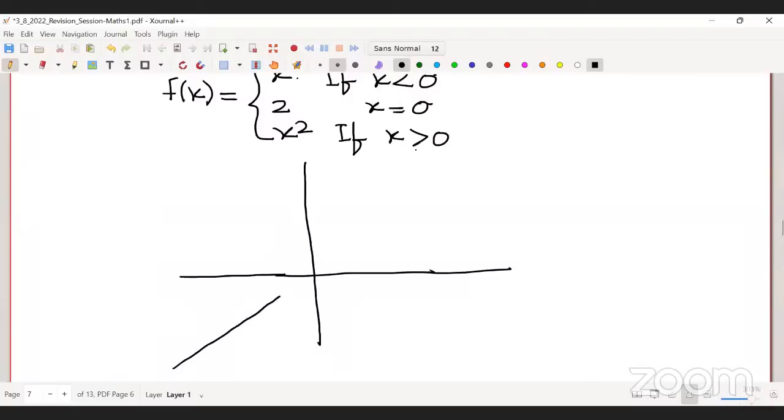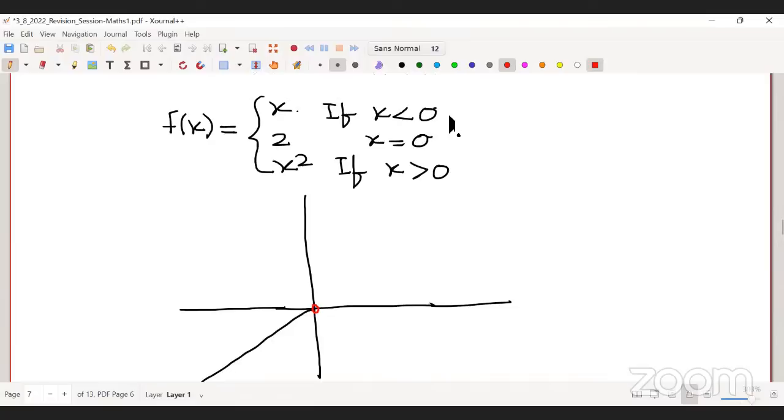So this is the graph, and the point at 0 is not included, because you have the strictly less than sign there. If x is greater than 0, the value of the function is x square. For example, it will be something like this.